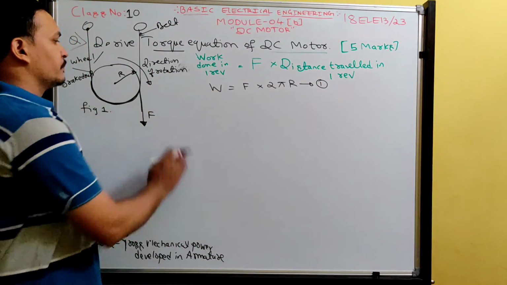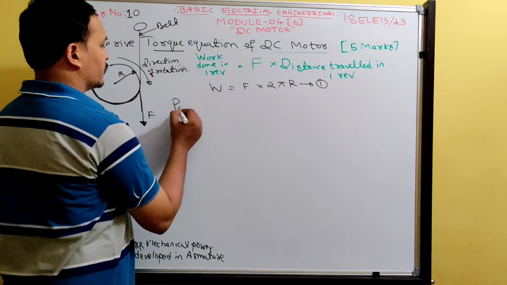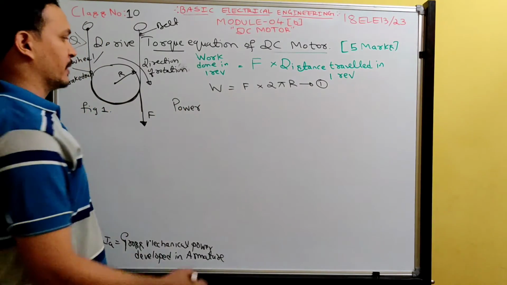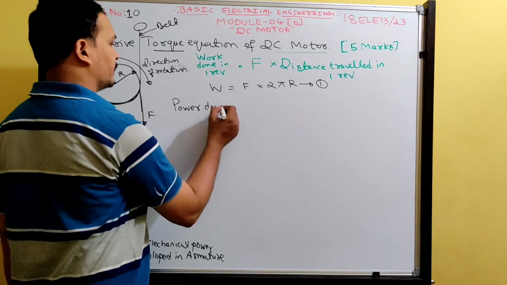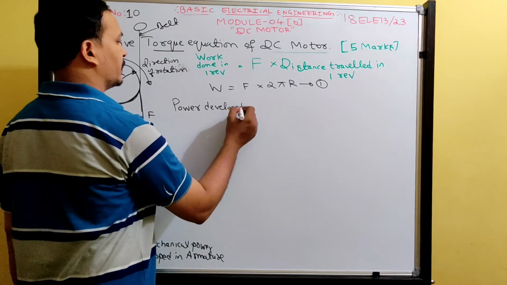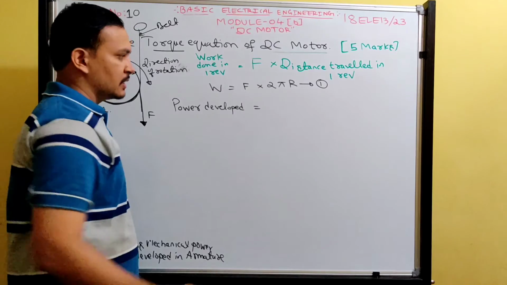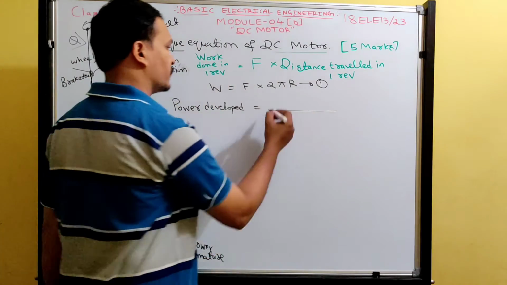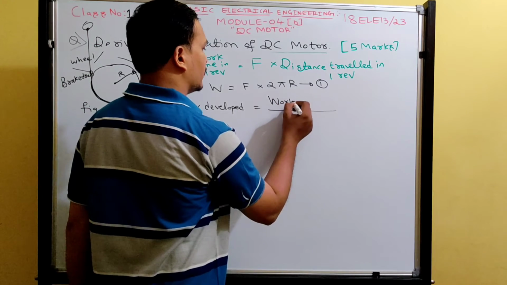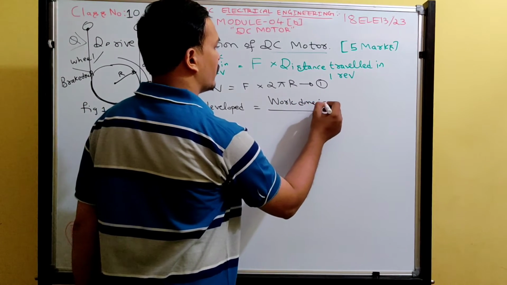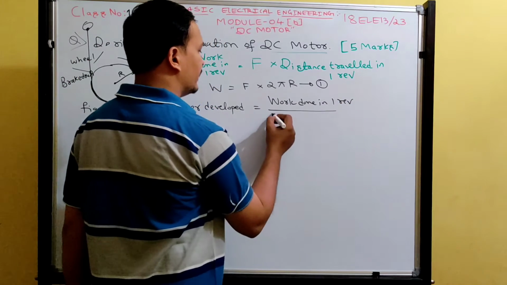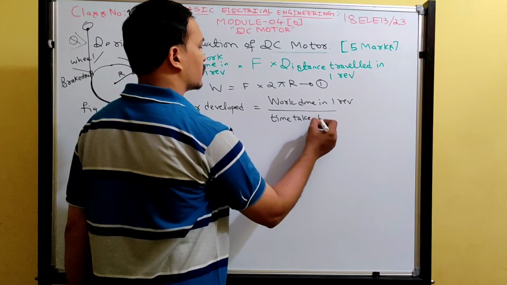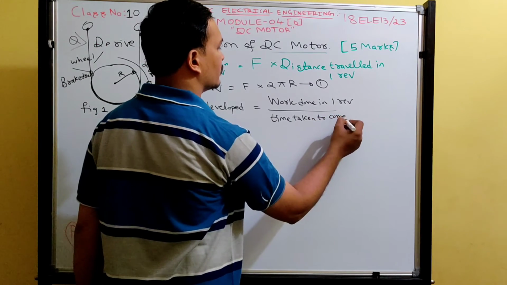Now power developed. What is the definition of power? Rate of doing work is called power. Now power developed in one revolution is equal to work done divided by time taken, that is, work done in one revolution divided by the time taken to complete one revolution.